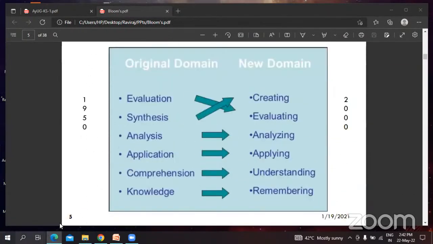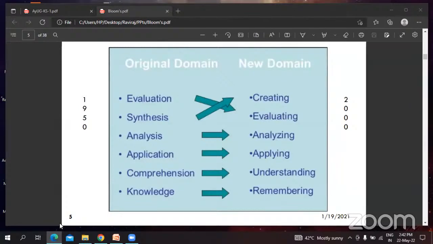So this was the original hierarchical order designed by Benjamin Bloom in 1950, almost 72 years ago, which was revised in 2000, and the titles of these hierarchical positions have been changed.